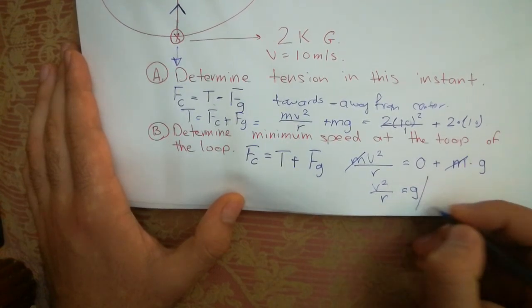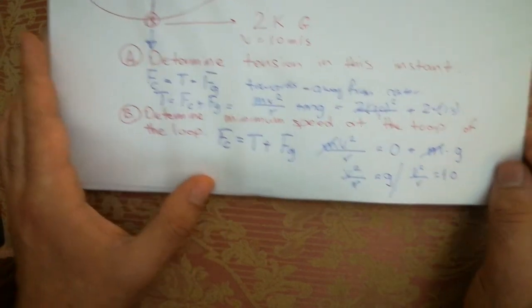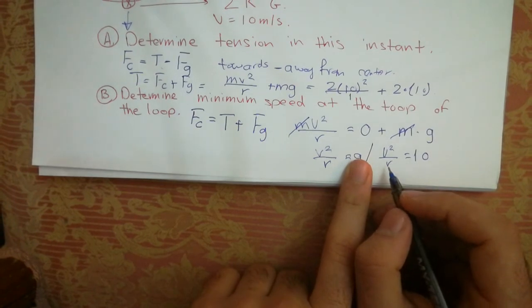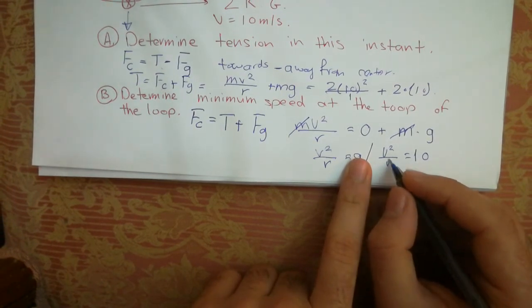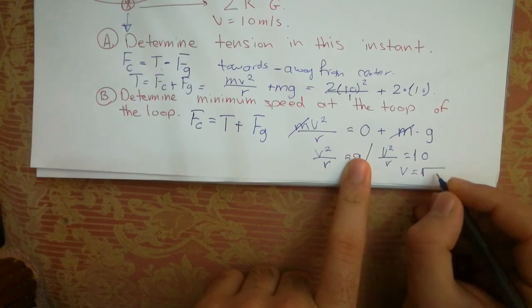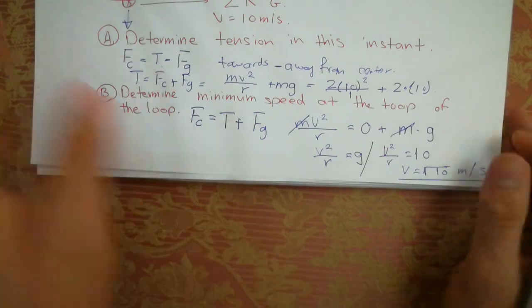And since we're on Earth, that is going to be 10. So v squared divided by r is 10. The velocity, the minimum velocity which is required, we know the radius is 1. So v squared equals 10. The velocity is equal to root 10 meters a second. And that is how we have solved the problem.